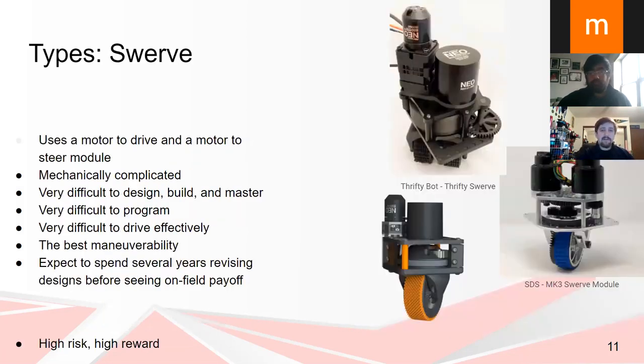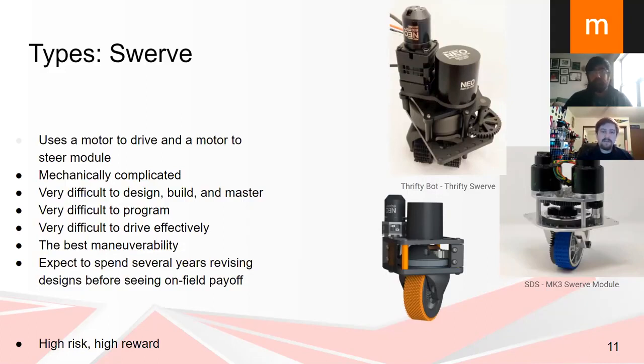The last one that we're going to mostly touch on today is swerve. Swerve is kind of like the best of both worlds between mecanum and tank drive. It gives you that omnidirectional movement that mecanum gives you, but it also has all the traction and pushing force of a tank drive.